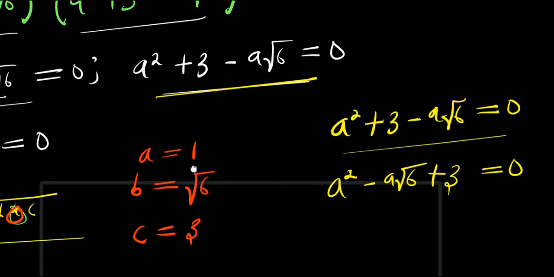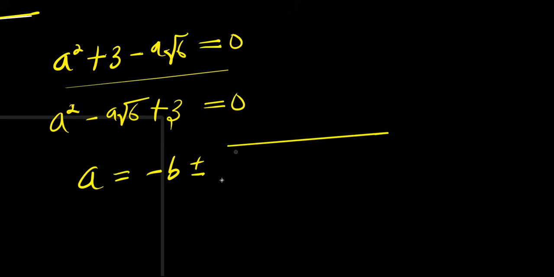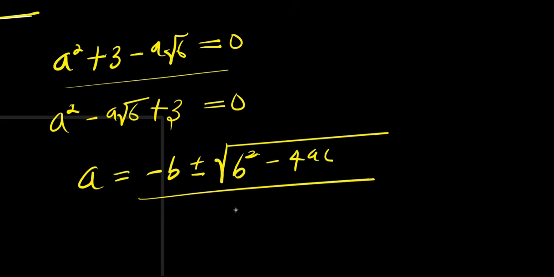So let's solve this particular quadratic equation, and we are going to solve it using the formula method. The formula, in respect to a, is a equals negative b plus or minus the square root of b squared minus 4 times a c, divided by 2a.